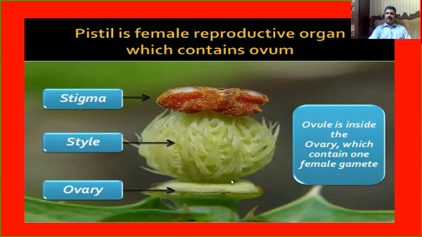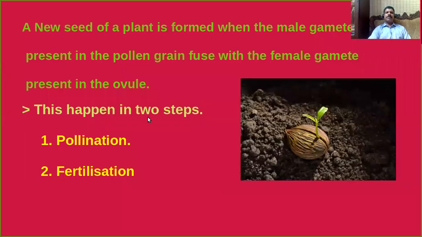Is it clear? Dear students, a new seed of a plant is formed when the male gamete and female gamete undergo fusion. You are very familiar: the seed is considered the product of sexual reproduction. Because of the fusion between male gametes and female gametes, what happens?